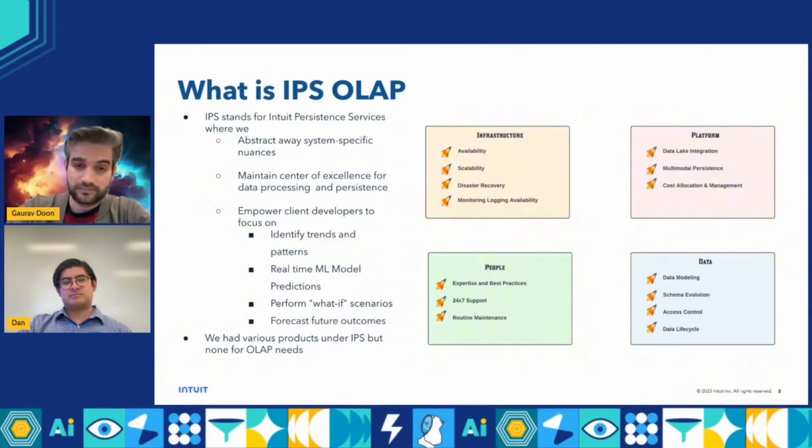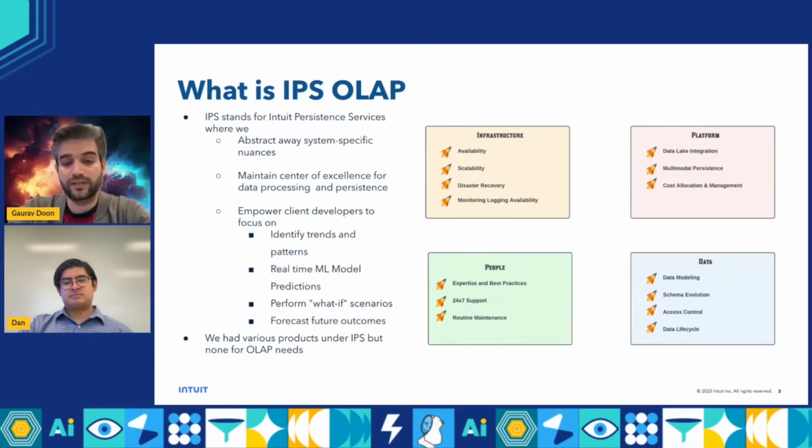Data, where we allow them to define their entities, which we use as a term for our underlying tables in this case, but entities is a very common term, and allow them to have schema evolution. Again, they just define their entities and they can change that schema, and we take care of all of the deployments of the schemas and evolution of the schema underneath through our platform itself.